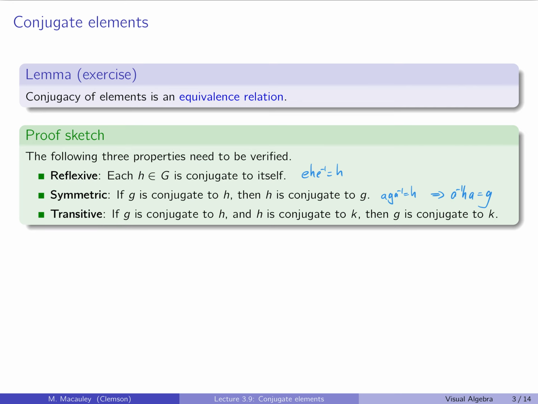And then for transitivity, if g is conjugate to h, say that a g a inverse equals h, and say that b h b inverse equals k, then I claim that if we take g and we conjugate by a and then by b, so this is just ba g (ba) inverse, we get k. And I'll let you check the details of that.